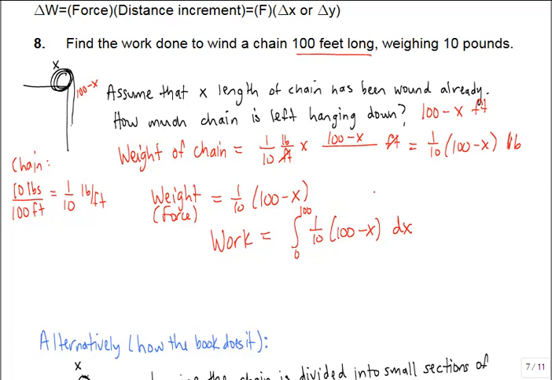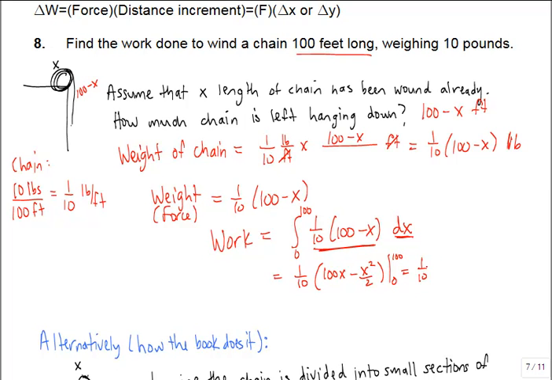You're not going to actually have a distance function like we have in the previous problems. Your distance is going to be this dx, and this is your force. So it's your integral of force times dx. Now to actually integrate this, we're going to pull out that 1/10, and the integral of 100 is 100x. The integral of x is x squared over 2.